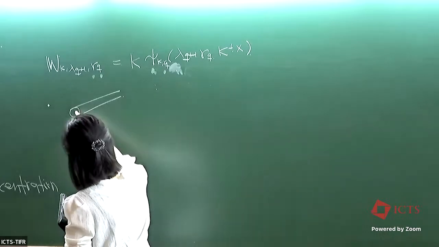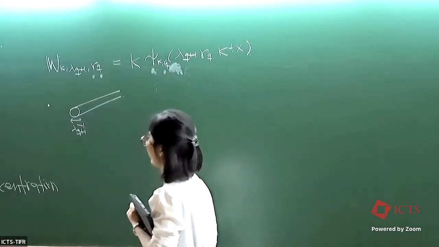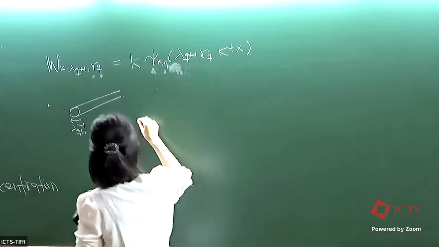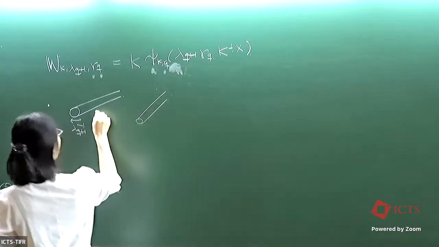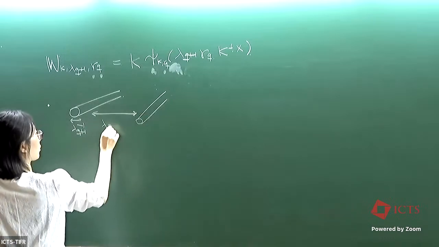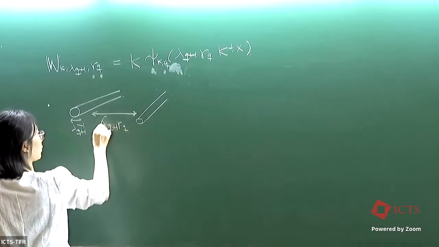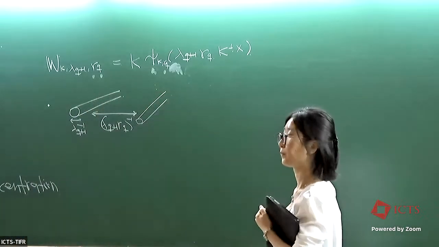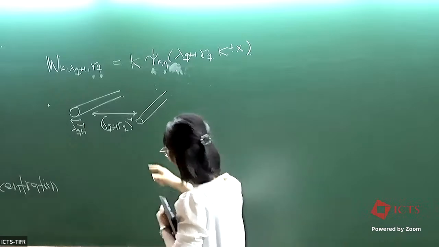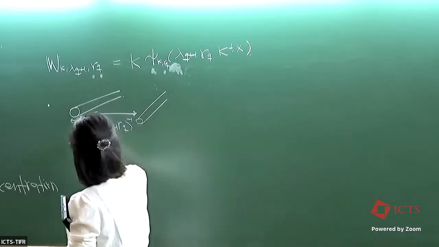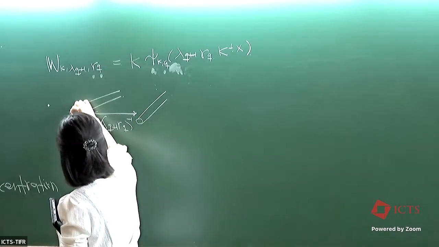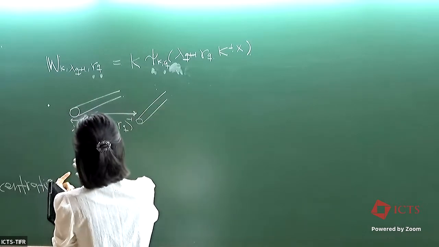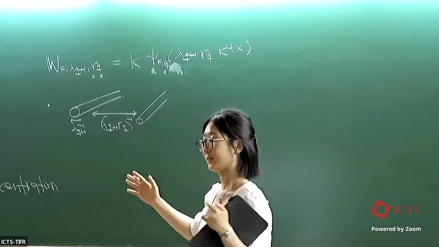And since you periodize by this number, the spacing between the two pipes will be lambda Q plus 1 RQ inverse. So if you send RQ to 0, the thickness of the pipe remains the same, but the spacing between pipes gets large. So it's really intermittent.